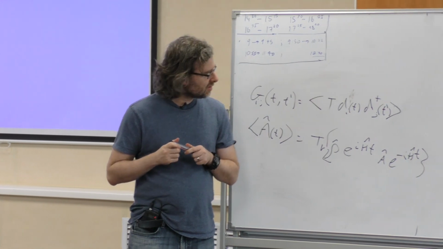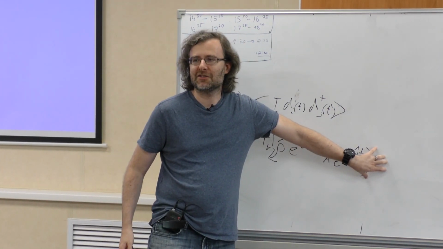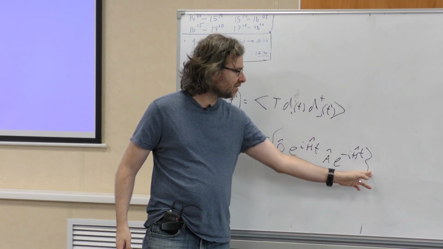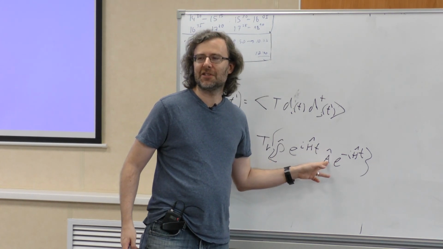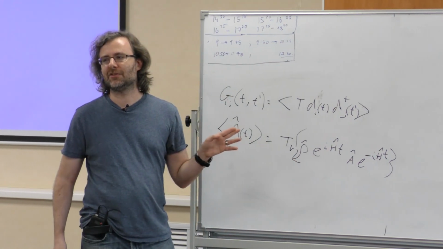Okay, so what does this look like? It looks like we have some element, some wave function which is within the density matrix. It gets propagated in time, then you apply an operator to it, then you propagate it backwards in time, and then you perform the measurement.